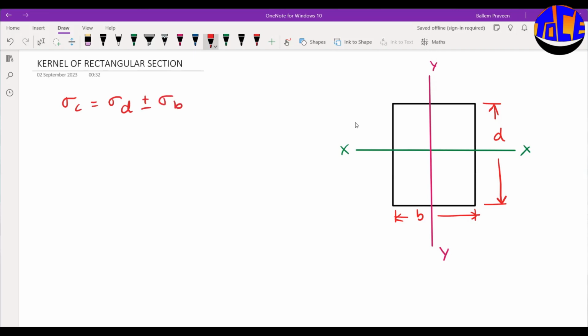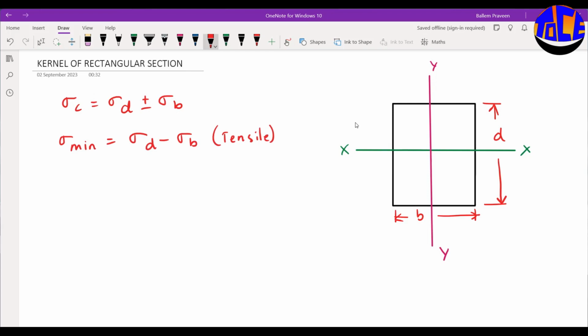The summation of these two will usually be in compression itself, and the subtraction of these two sometimes may generate compressive stresses, or sometimes it will result in a tensile stress. So that is sigma minimum. Sigma minimum is sigma d minus sigma b. So sometimes it will give a tensile stress.